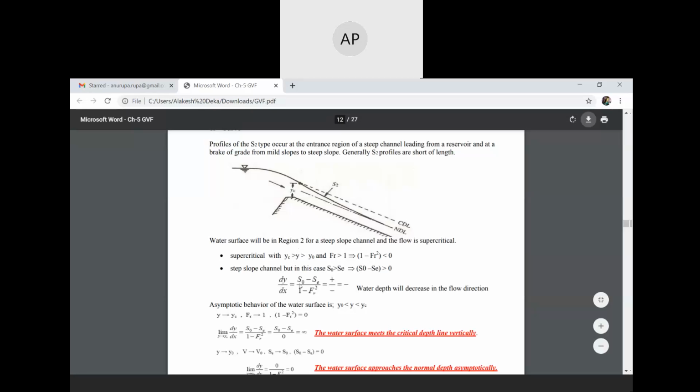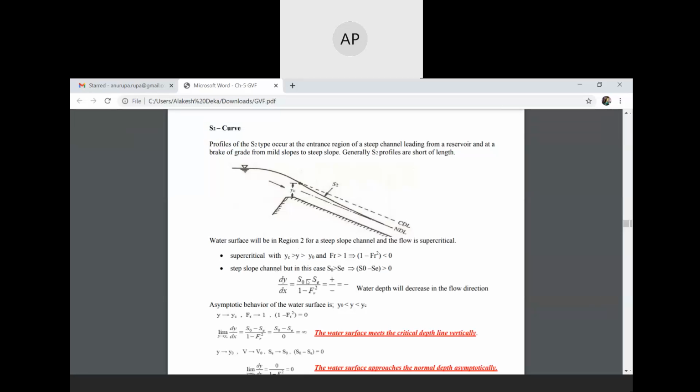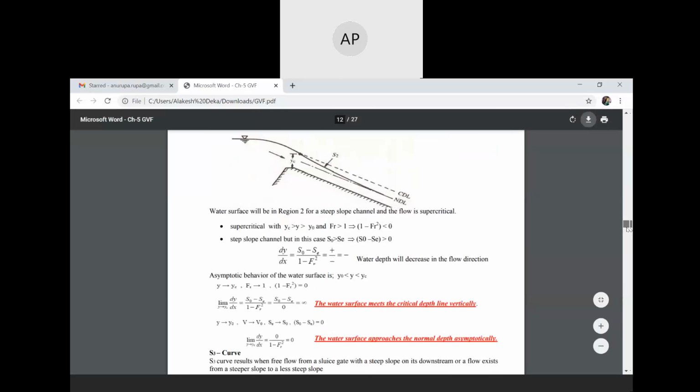Change in depth along x direction. dy by dx equals S0 minus Sf divided by 1 minus Fr square. I have already discussed how we got this formula in the previous class. Okay. So water depth will decrease in the flow direction.